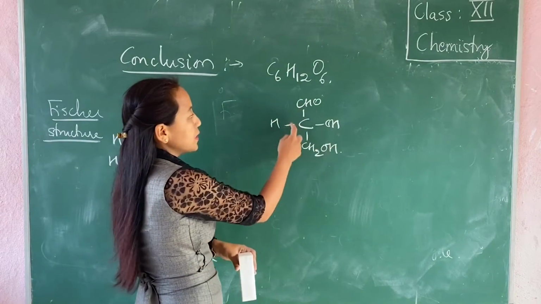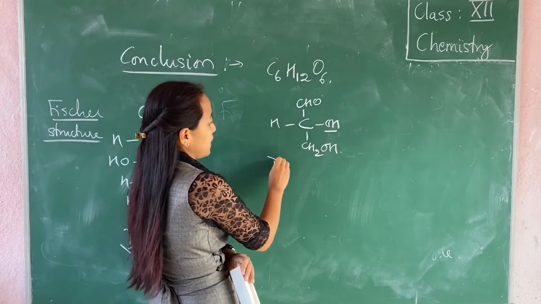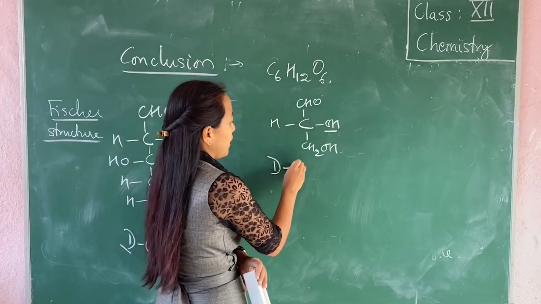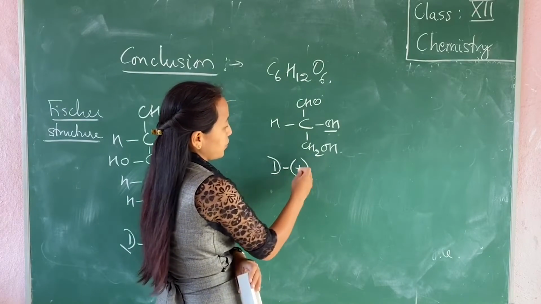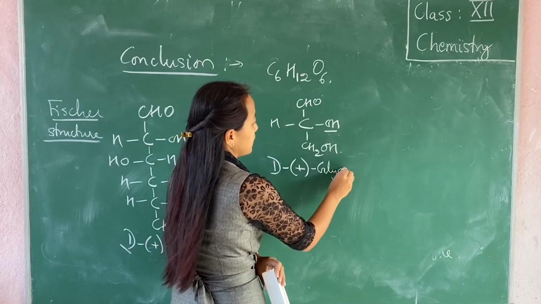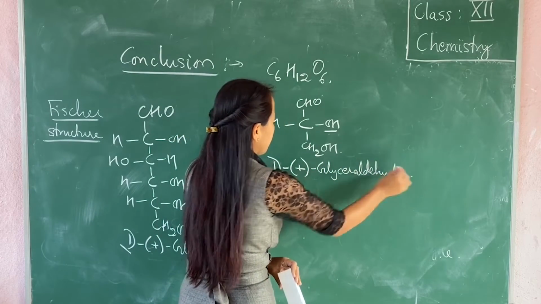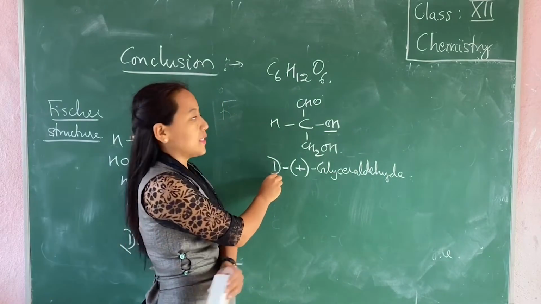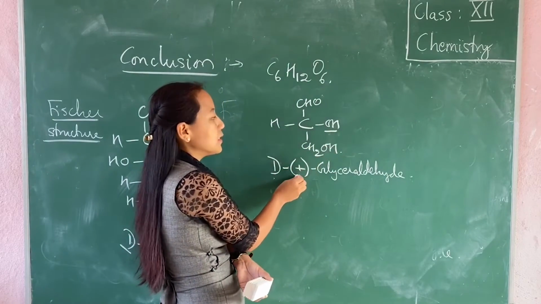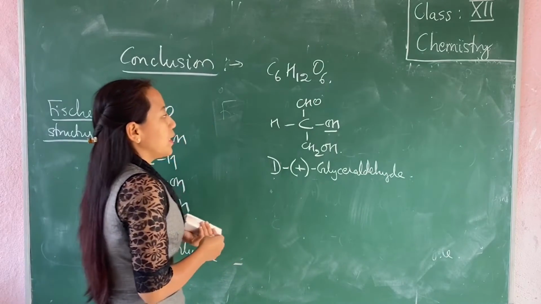Now in this case, if the OH is on the right hand side, it is said to be D, and it is dextrorotatory, and you will have the name of the compound, D plus glyceraldehyde. The D notation indicates the position of the OH. This plus sign indicates the optical activity of the compound.